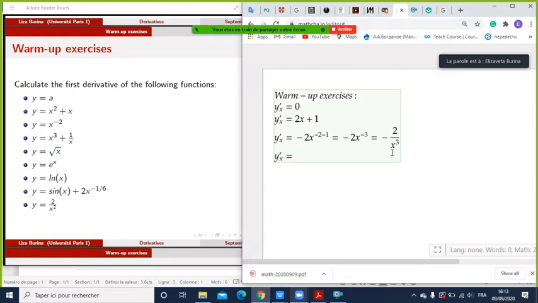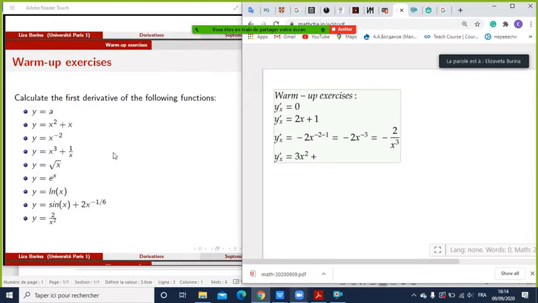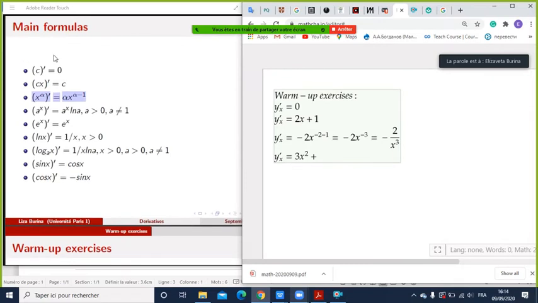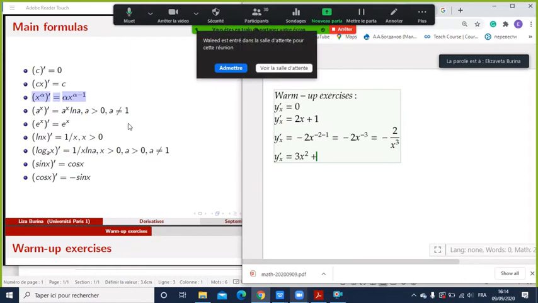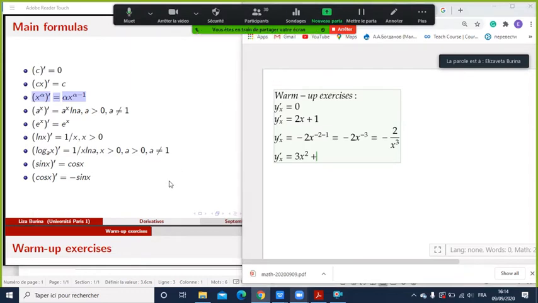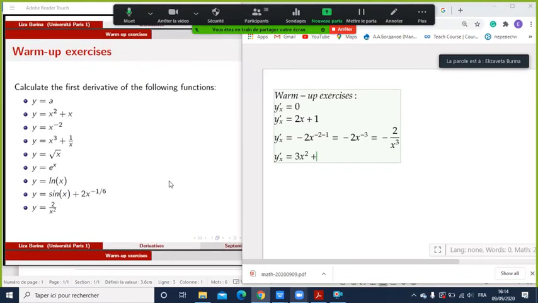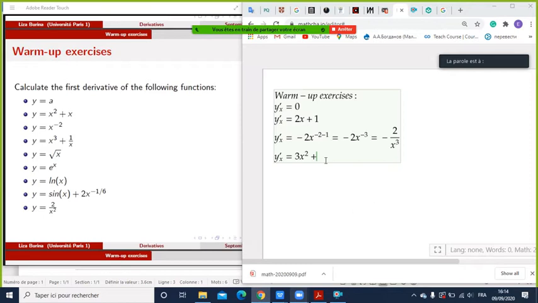So x cubed gives us 3x squared, because 3 minus 1 will be 2, plus, okay, here as you saw, there is nothing like a main formula for 1 over x. And how do we deal with the derivative here? So the way I suggest you to think of the fraction is the following.